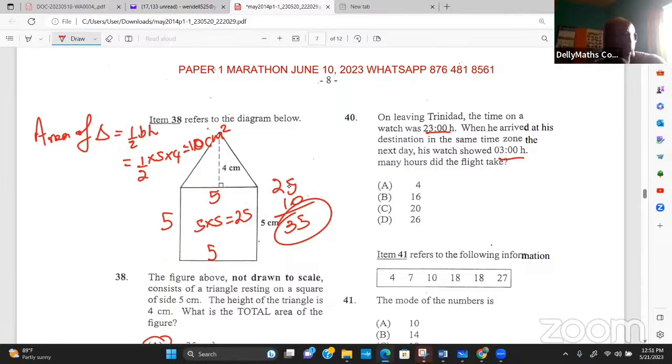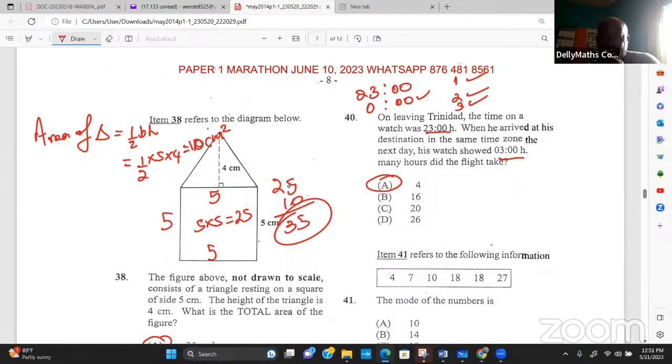You could check this. So this is up in the night, and it's going to take you to 12 midnight. It's going to reset at 00. So that's 1 hour. Then you go to 1, that's the next hour. Then you go to 2, that's the next hour. Then you go to 3, that's the next hour. So you would have passed 4 hours right there.